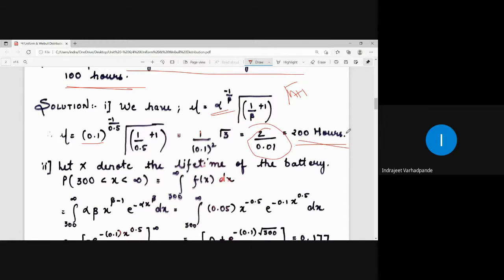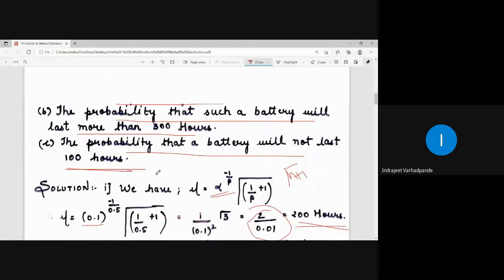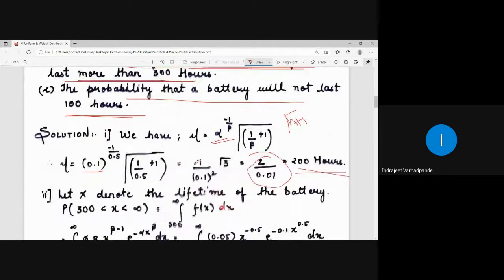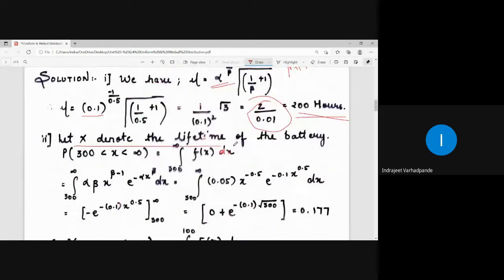So what is the mean for the given random variable? Mean mu is 200 hours. Now, second is the probability that such a battery will last more than 300 hours. So let X denote the lifetime of the battery. More than 300 hours means till infinity, indefinite period, indefinite hours.